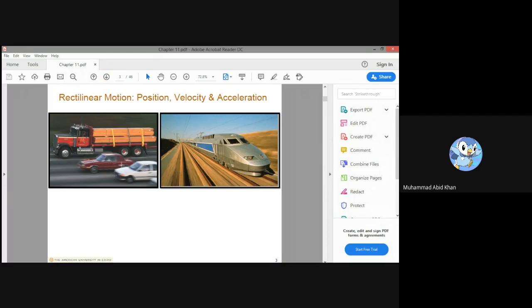You can see there is one car, and there are two cars and a truck. They show the position, velocity, and acceleration as well. On the right side there is a bullet train. I think this picture is of a bullet train belonging to Japan.